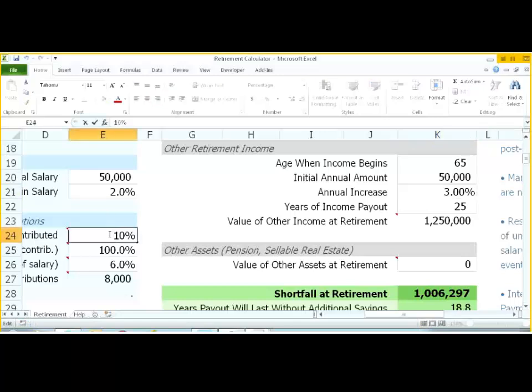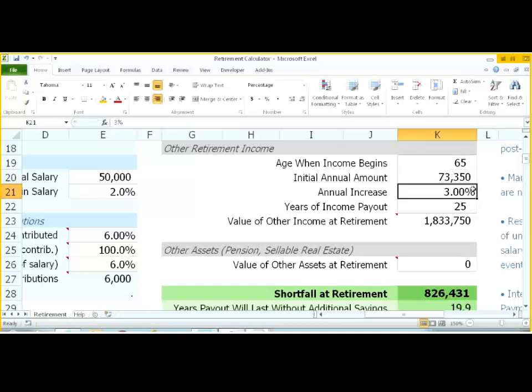Anyway, I'm still short. Let me go back to where I was, because that seems like I'm in worse shape, so I must have just read something wrong. Yeah, I think I missed a decimal point. Okay, so let's say $72,000. I can't remember exactly. Well, I wrote it in like 73,350.